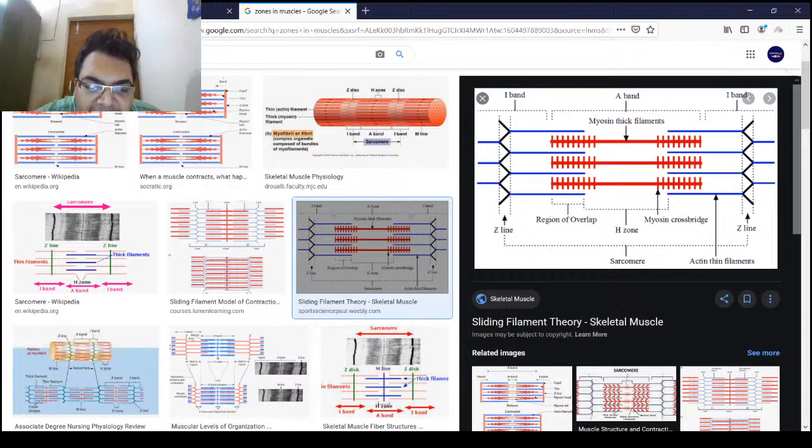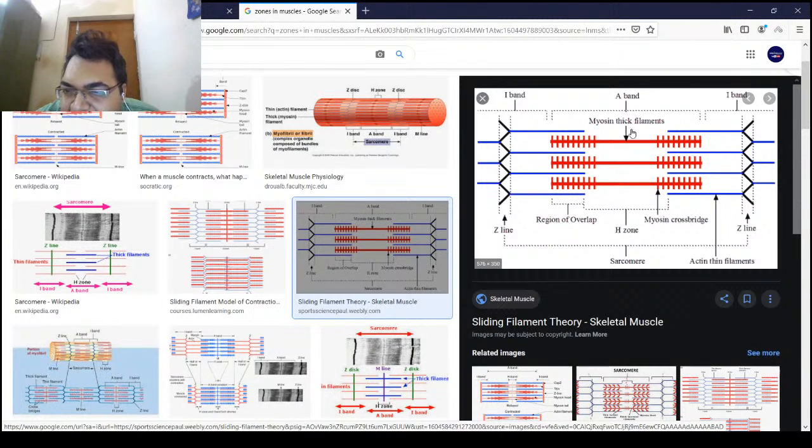Then you have the M line at the center of the H zone. Then the I band, and Z is at the center of I. Always remember these things: thin are actin, thick are myosin. This is how the bands are located.